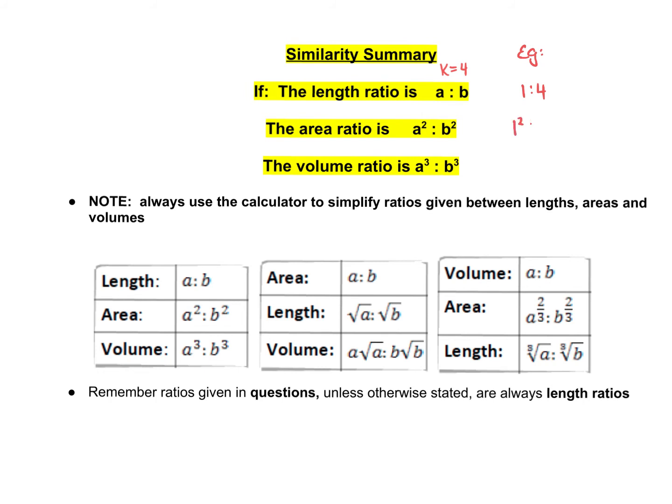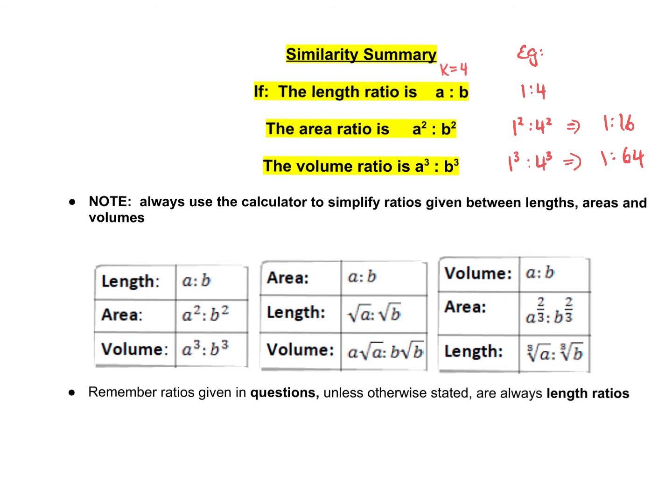So you're going to have 1 squared to 4 squared. So it'll actually be 1 to 16. The area is 16 times larger. If you have a volume ratio, you cube it. So the volume would be 1 cubed, which is 1, to 4 cubed, which is 64. So the volume is 64.